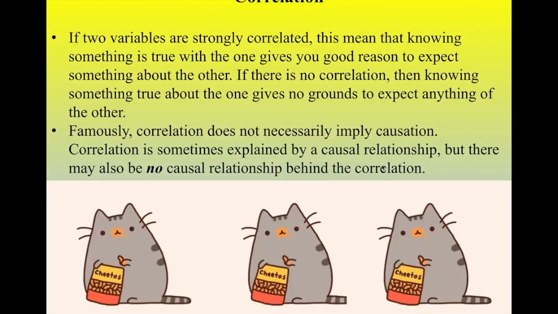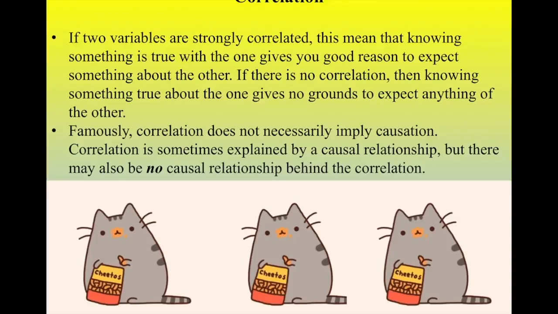Okay, so let's take a look at these kitties here. The kitties in the picture are looking guilty because they're holding a bag of Cheetos and they have orange dust around their mouths. And holding a bag of Cheetos and having orange dust around your mouth is strongly positively correlated with having eaten Cheetos.